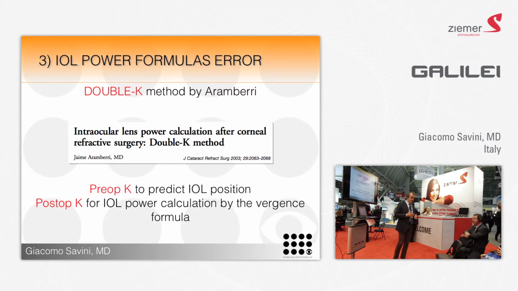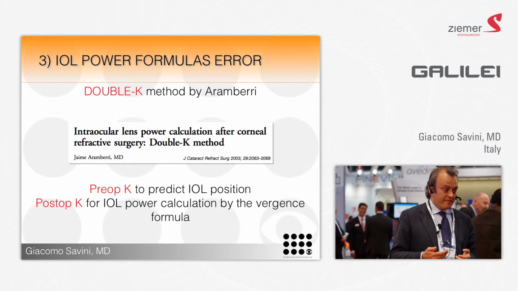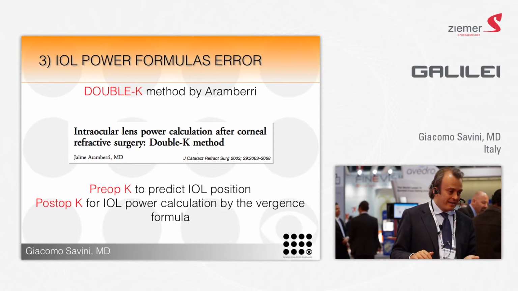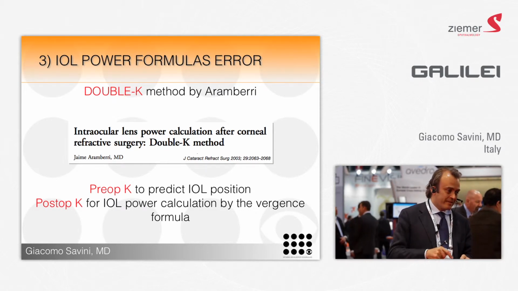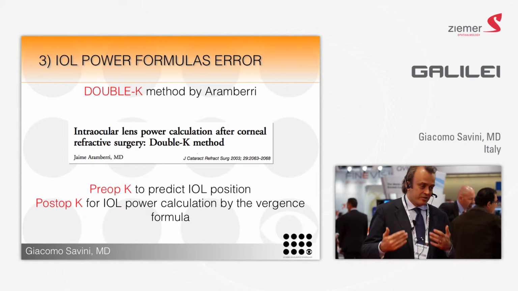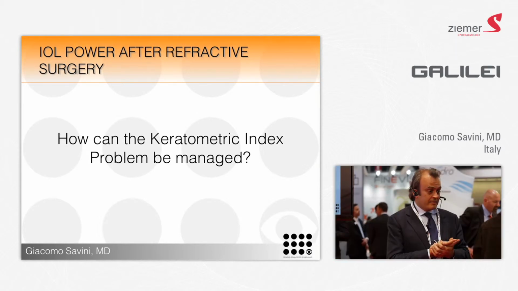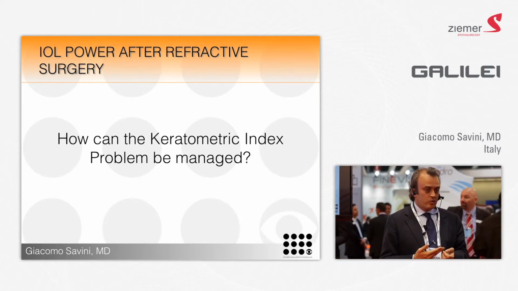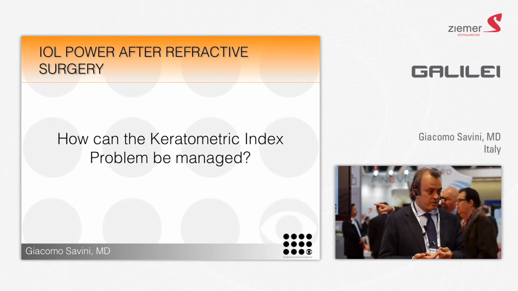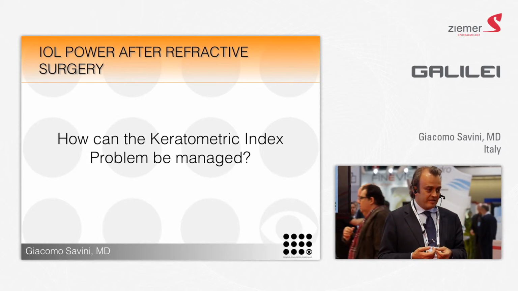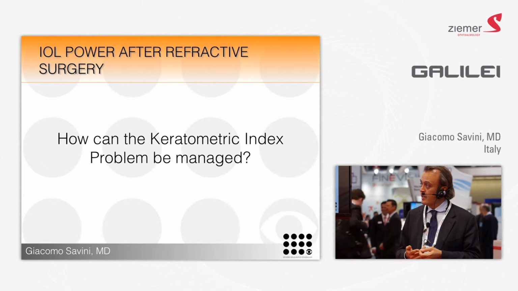The double K formulas are available, for example, on the ASCRS website. Otherwise, you have to put everything in Excel, which is quite complicated. You have to look at the publications, and you can do this. So these were the three problems bringing unexpected refractions after corneal refractive surgery.